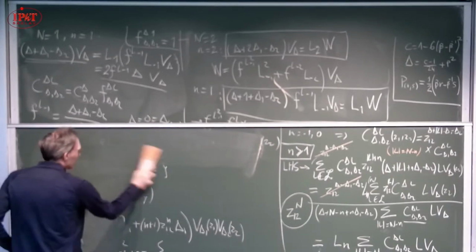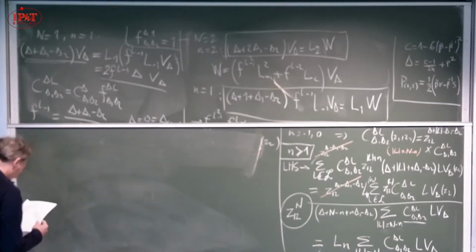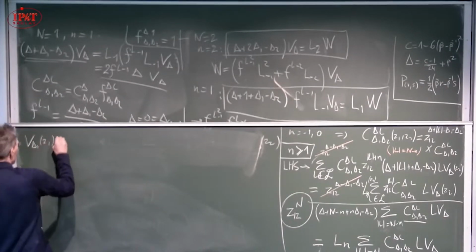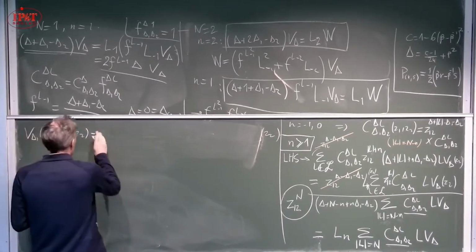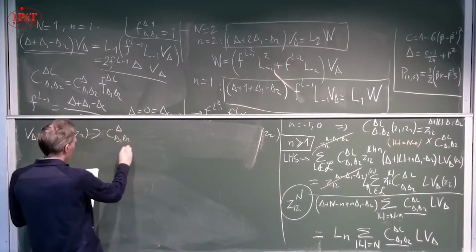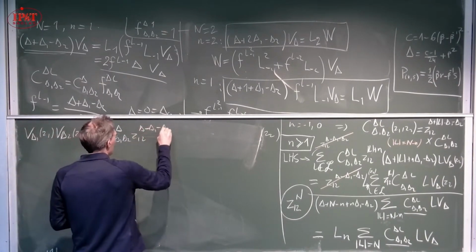So we can rewrite the operator product expansion now. It's just V_{Δ1}(z1) V_{Δ2}(z2) equals, so well, rather it contains the following term. So we have an overall structure constant here. We have z dependence.